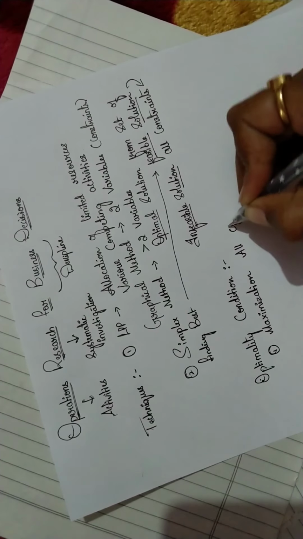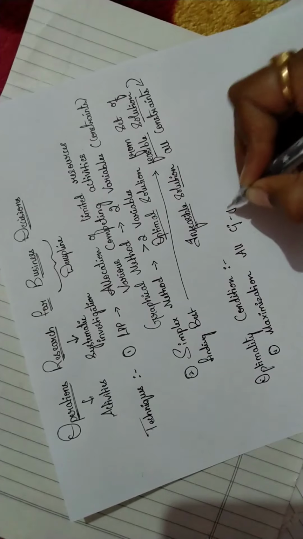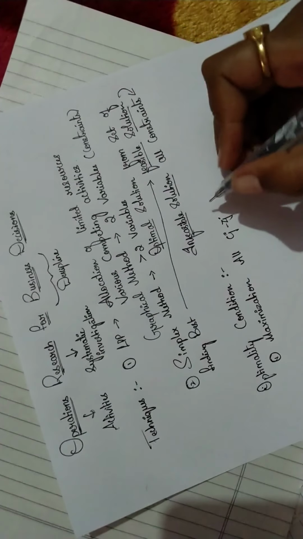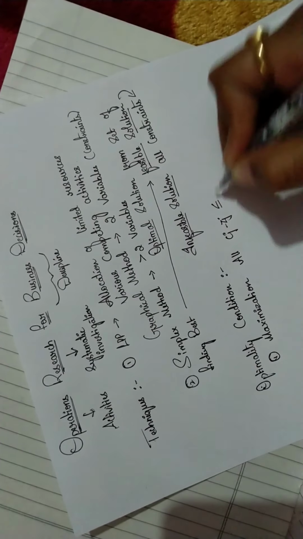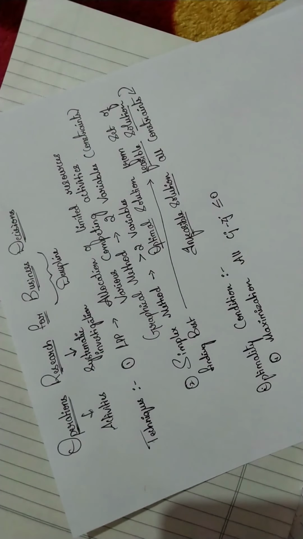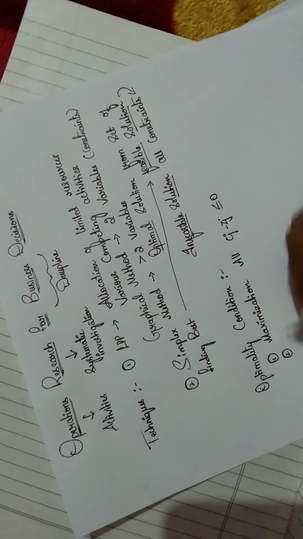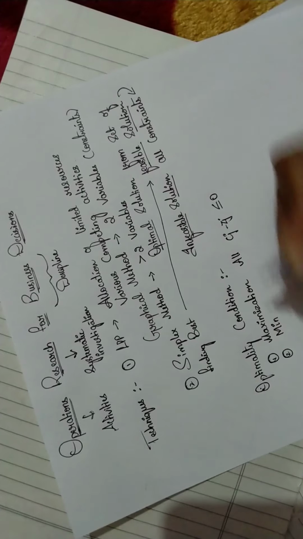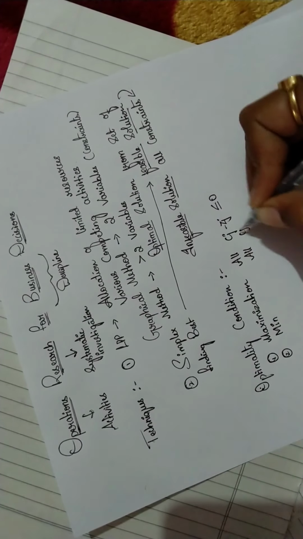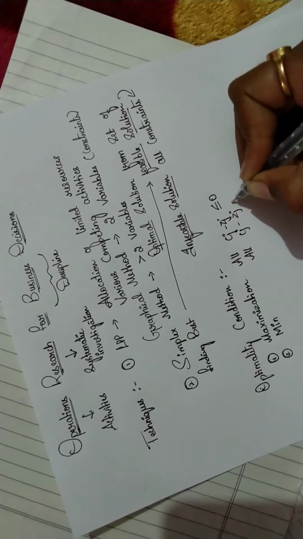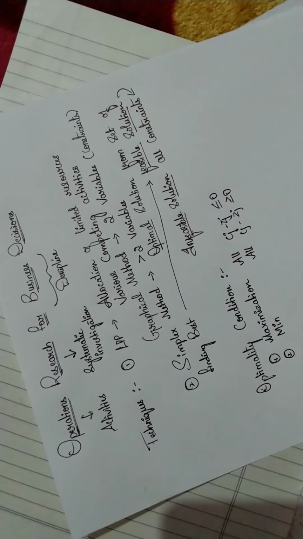All Cj minus Zj values must be either equal to 0 or less than 0. So this is the optimality condition in case of maximization problem. And in case of minimization problem, all Cj minus Zj values must be either equal to 0 or greater than 0. So this is the way how we check the optimality condition in case of simplex.